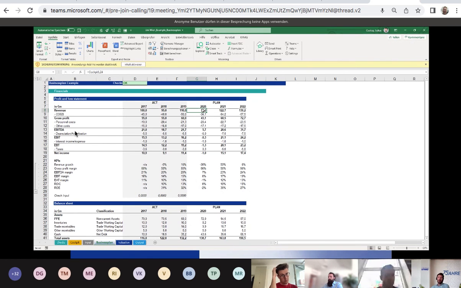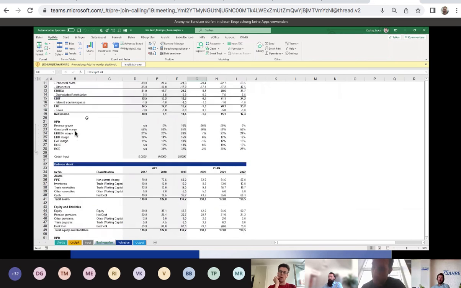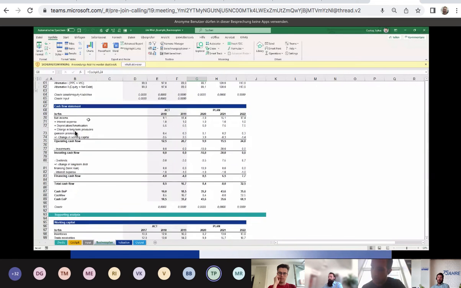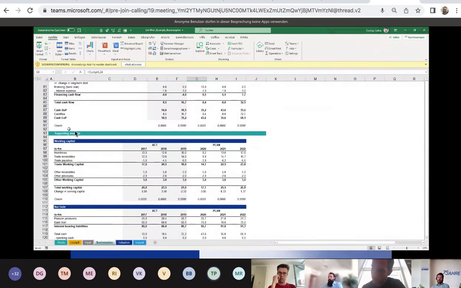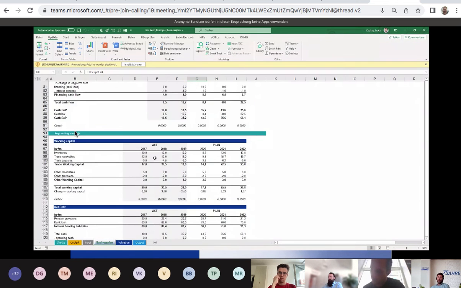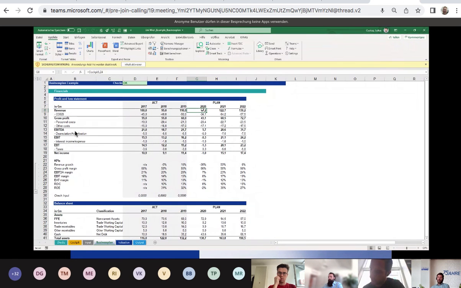And what's important here is that I have my whole business plan: the profit and loss statement, balance sheet, cash flow statement, and some supporting analysis regarding my working capital changes and my net debt changes. So here it's really an integrated model, an integrated business plan.